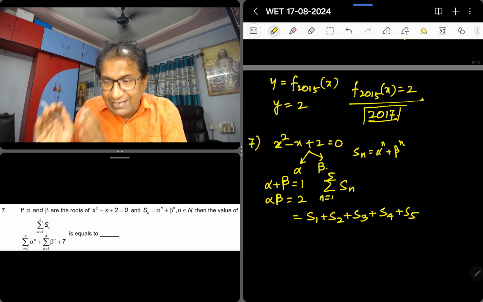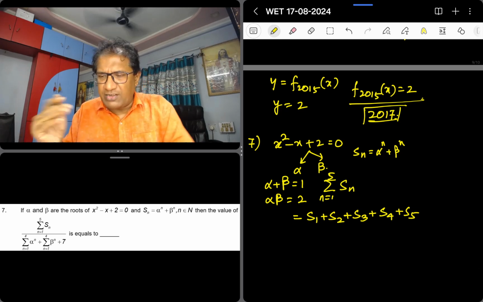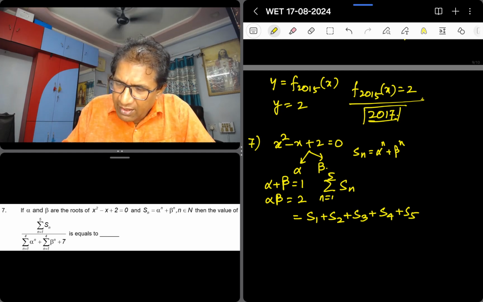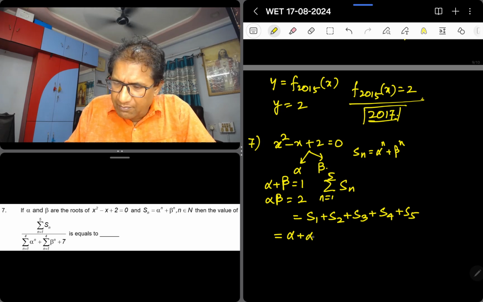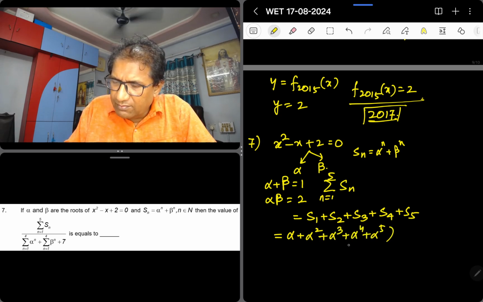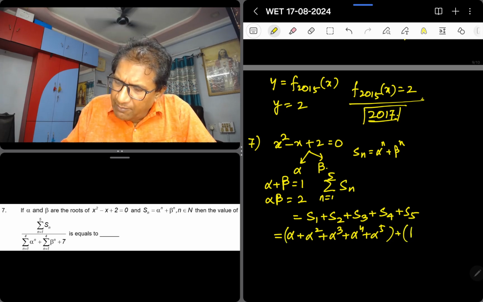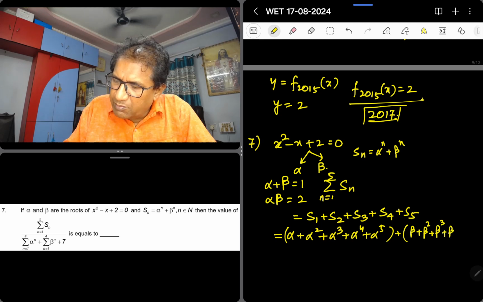I haven't touched the denominator yet. I will do it later on after completing this. So, for S1, if we consider the alpha and write it in a bracket, we are going to have alpha, alpha square, alpha cube, alpha 4, alpha 5. Same thing with beta: beta plus beta square plus beta cube plus beta 4 plus beta 5, right?